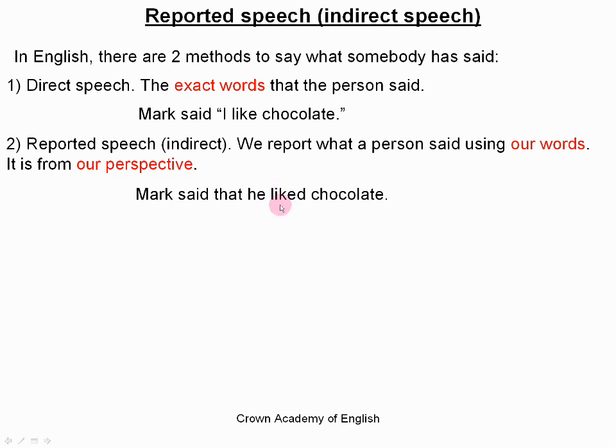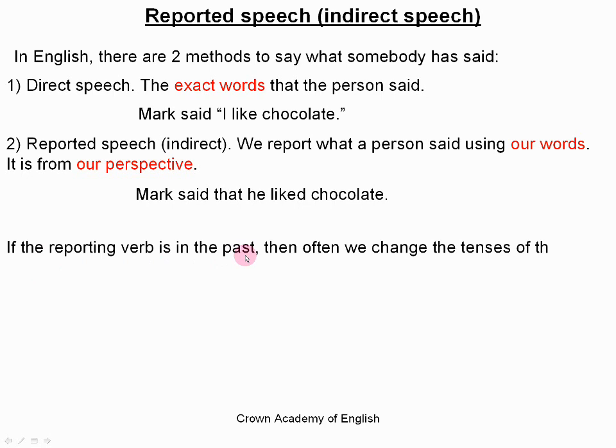So the meaning of these two sentences is the same. And if the reporting verb is in the past, then often we change the tenses of the reported speech. So this is the reporting verb. So if this verb is in the past, which is true here, then we change the tenses of the reported speech. Here you can see we have changed the tense.